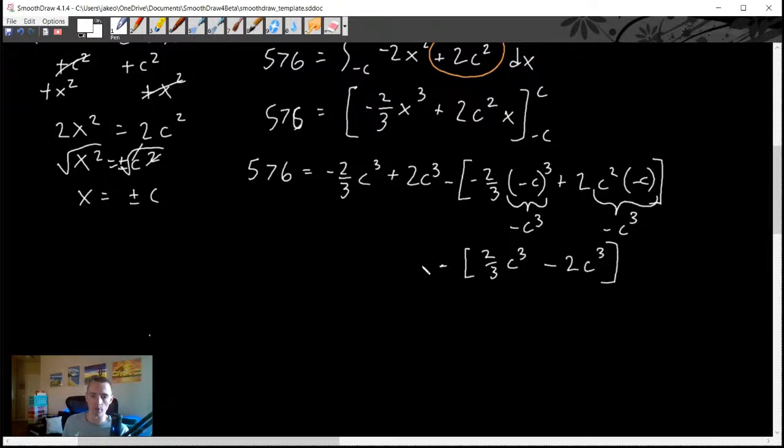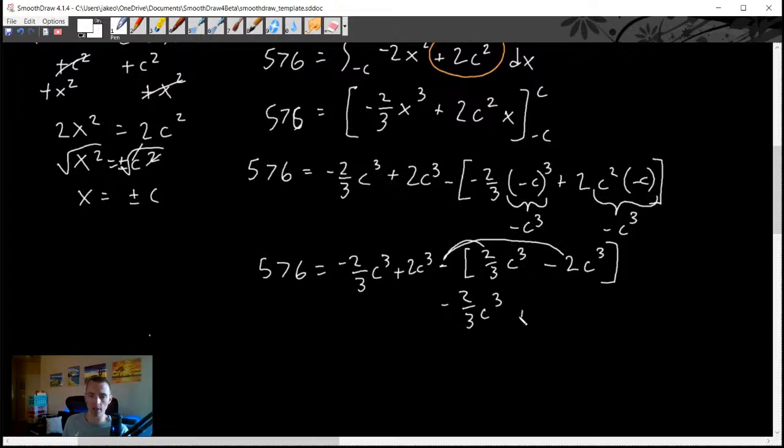And then remember, all this is just going to remain the same for now. Okay, so now we want to distribute our negative sign into the parentheses here. So we're going to get negative 2/3 c cubed, negative and negative cancel, giving us plus 2c cubed. All this will leave the same.